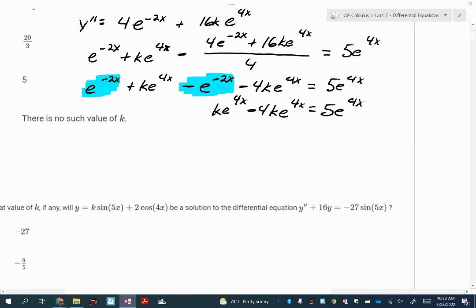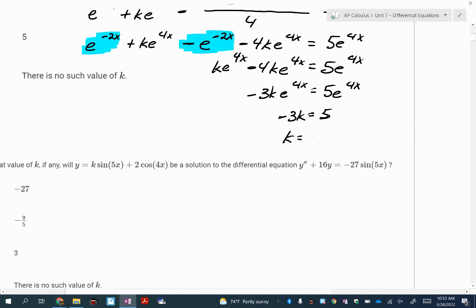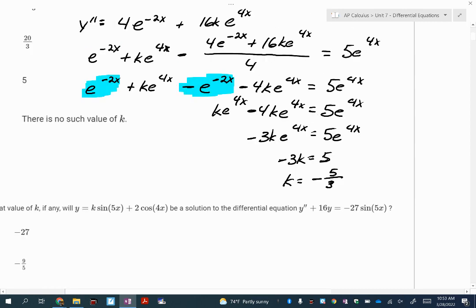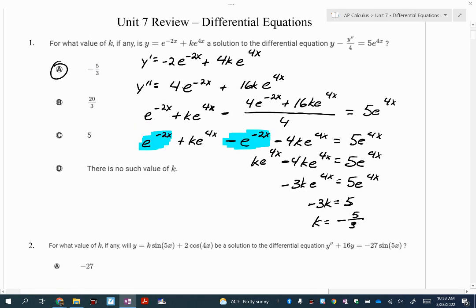So k minus 4k is negative 3k. And then e to the 4x is on both sides. So really this just becomes an algebra question. What's going to make this true? k is equal to negative 5/3, which is letter A.